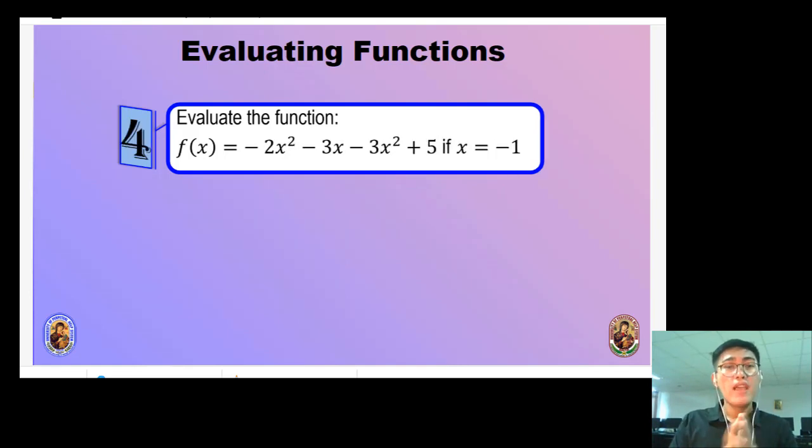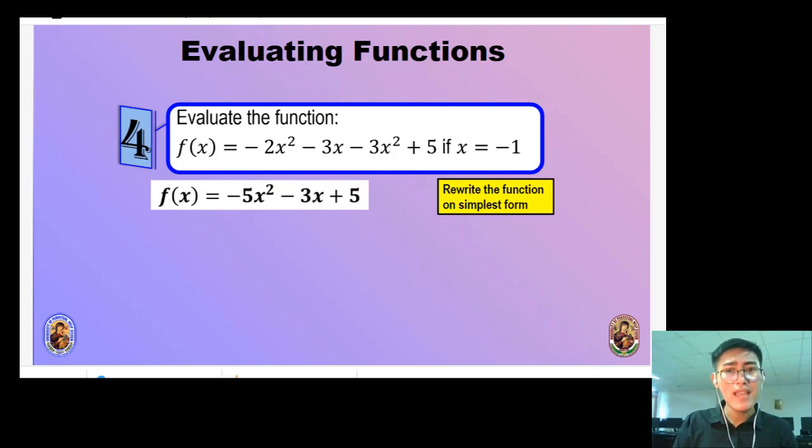Evaluate the function f of x is equal to negative 2x squared minus 3x minus 3x squared plus 5 if x is equal to negative 1. Again, take a look at the given function if we have like terms. Because if we have like terms, you can just put them together or combine them together and our function will get simpler. Did you get that?